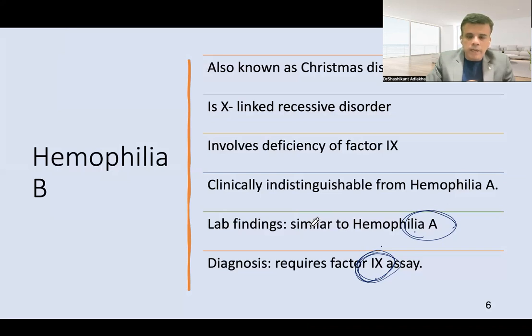And you have to manage it by giving desmopressin, especially in hemophilia A. In mild cases, you may give desmopressin to release factor 8 from endothelium. In severe cases of hemophilia A, B, and C, you have to give specific factor concentrates or cryoprecipitate.